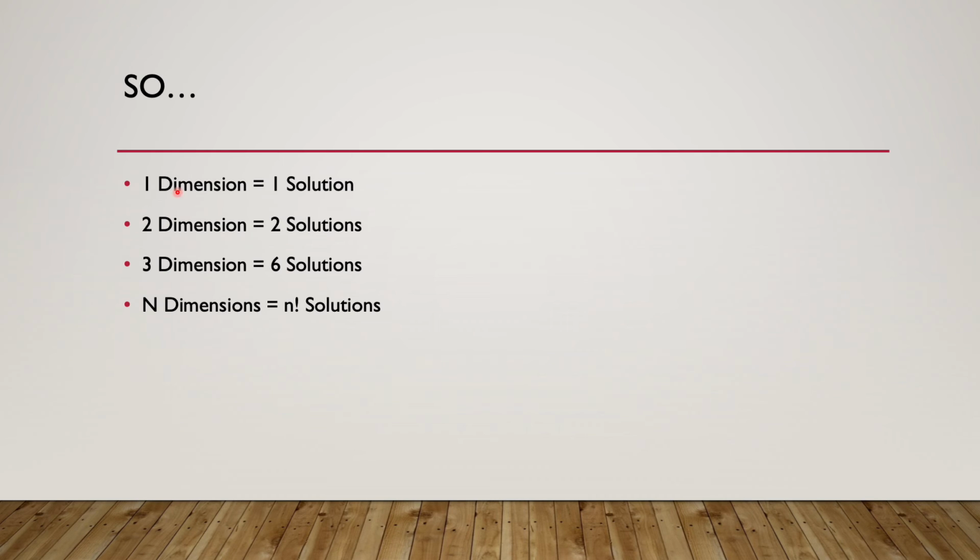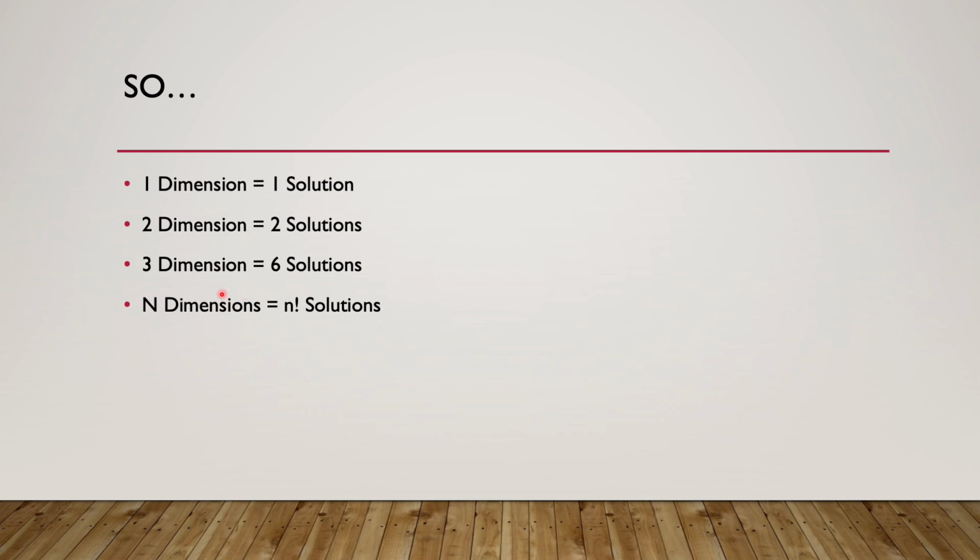With this knowledge, we can recursively build a generalized statement. With one dimension, we only have one yes solution: yes, it is distinct; no, it is not distinct. With 2 dimensions, there are two ways on this decision tree to obtain a yes solution.